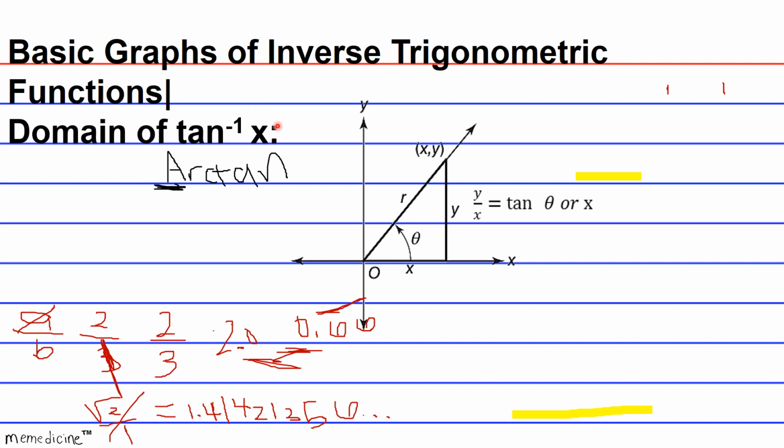So let's say the x were 1. Then the principal angle, or the reference angle here, would be 45 degrees, okay? So that's an example. And when the A is capitalized, it has a different meaning than when it's lowercase. But don't worry, I'm going to organize all this for you really, really soon, all right?